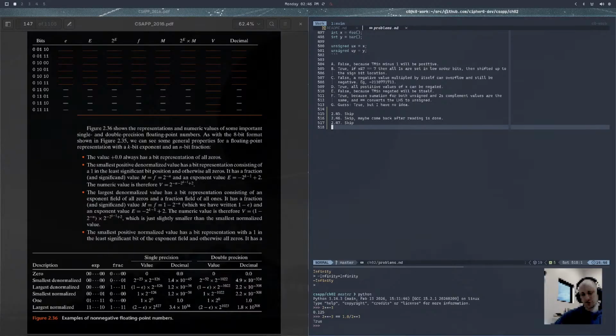The smallest positive denormalized value has a bit representation consisting of a 1 in the least significant bit position, and otherwise all zeros. It has a fraction and significand value M equal to F, which is equal to 2 to the negative n. Next, the exponent value E is equal to negative 2 to the k minus 1 plus 2. The numeric value therefore has, okay.